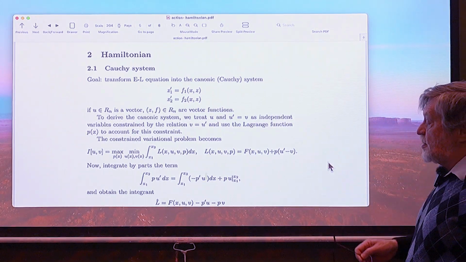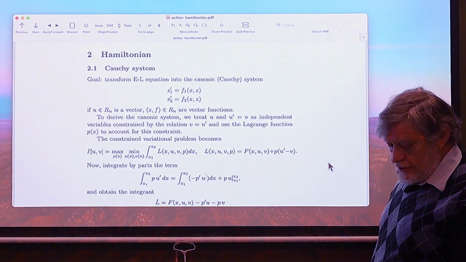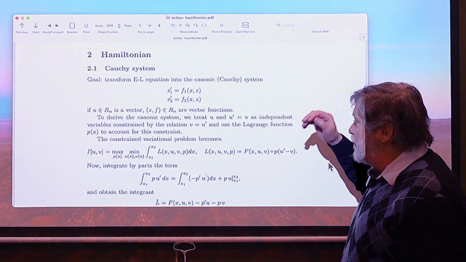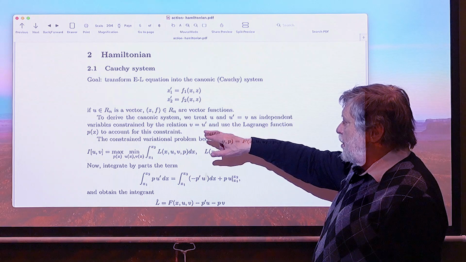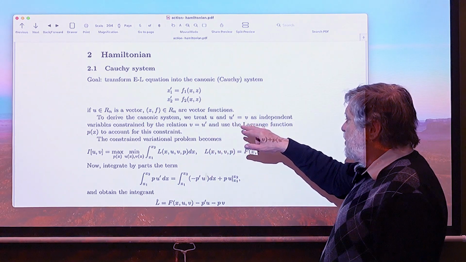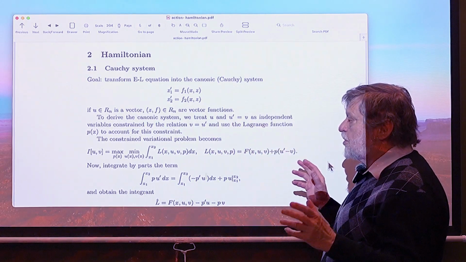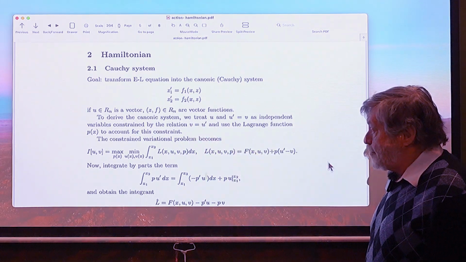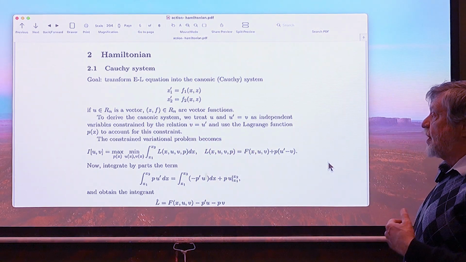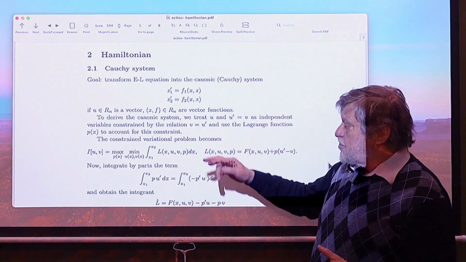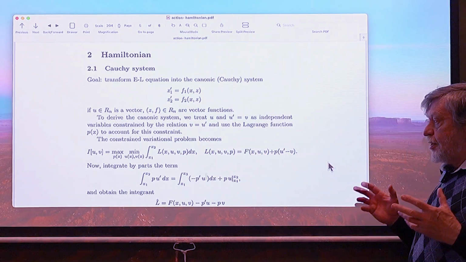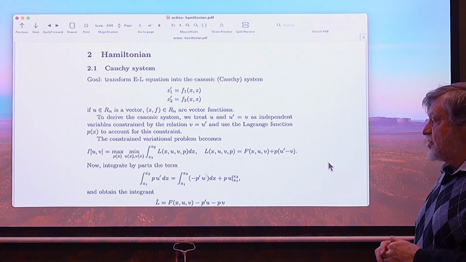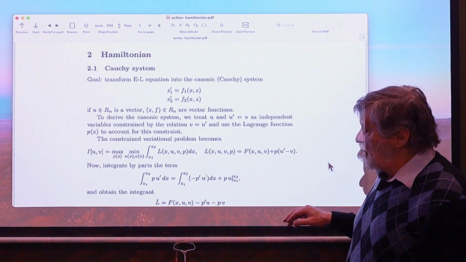To derive the system, we can do the following. We look at the original problem and treat u and the derivative of u, which we call v, as two independent variables constrained by the relation that v is equal to u prime. Then we use Lagrange function p to account for this constraint. So instead of the original variational problem, we end up with a constrained variational problem, which has this form.